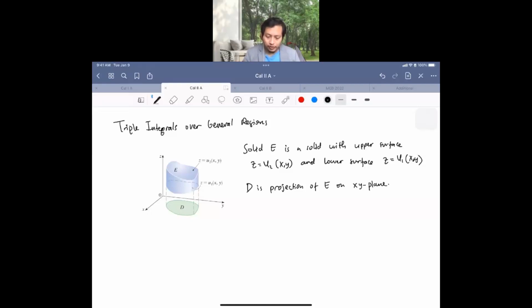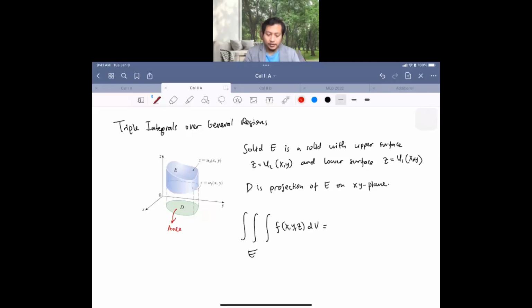So we could write E as a triple integral of f dV. Now how should we write the D and the dz inside the E? Because D is the projection of E, which means D is an area, right?